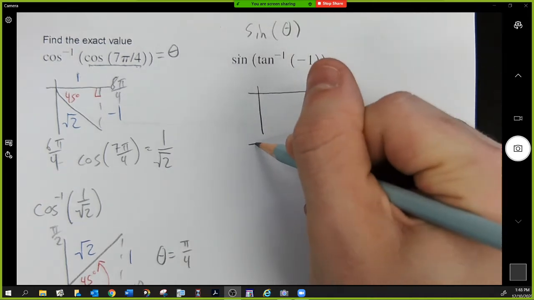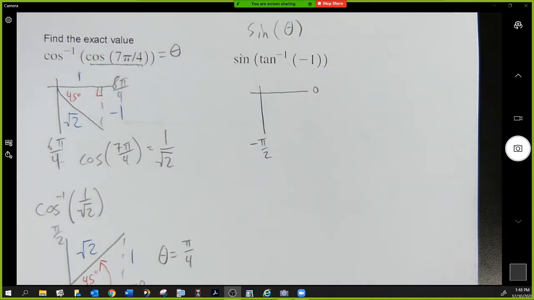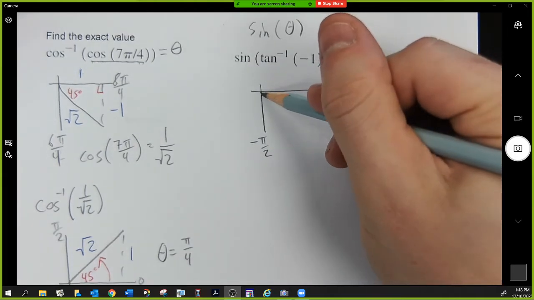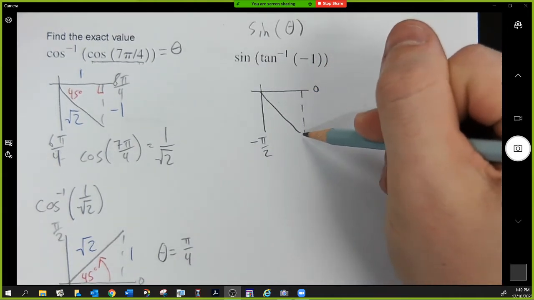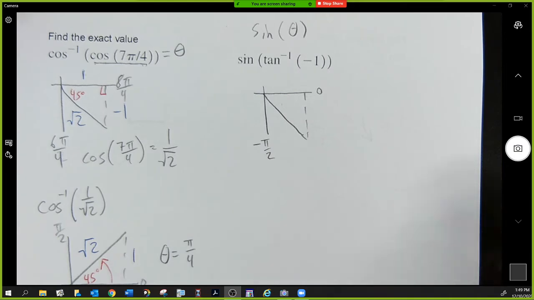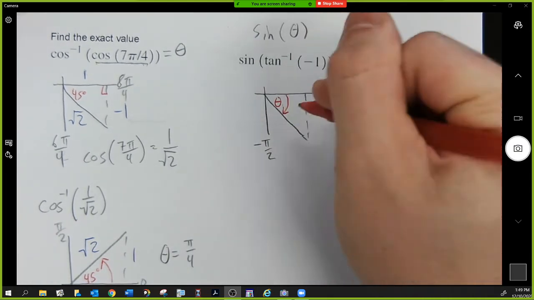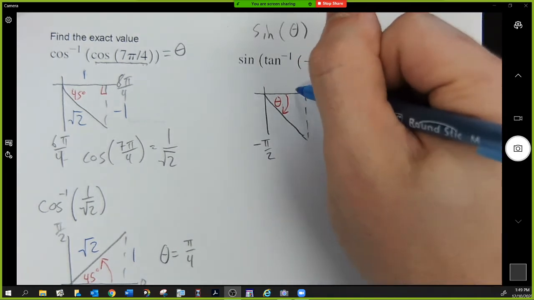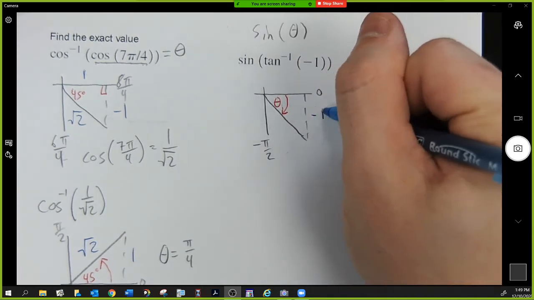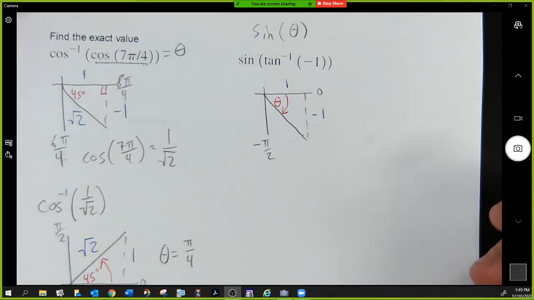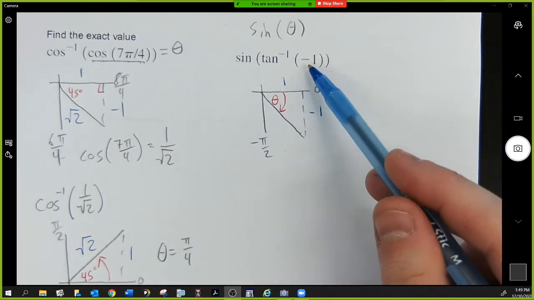Here's 0. Here's -π/2. Tangent is y over x. Like that. And this is actually my theta that we're talking about. I have a y over x. That's how I'm going to get -1.